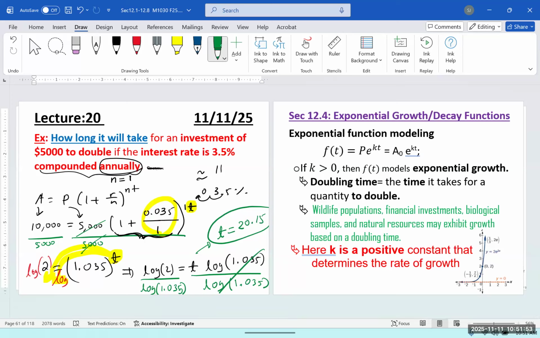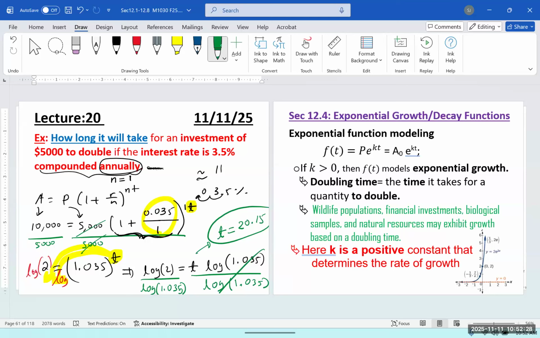With this, you're done with 12.3. Now 12.4, we are going to do exponential growth and exponential decay. So in exponential equations, we have 2 special types: one is the growth rate and one is the decay rate. We use growth rate especially to observe the bacteria family. If you're working with any type of bacteria or biological things, then you need to see what their growth rate is.